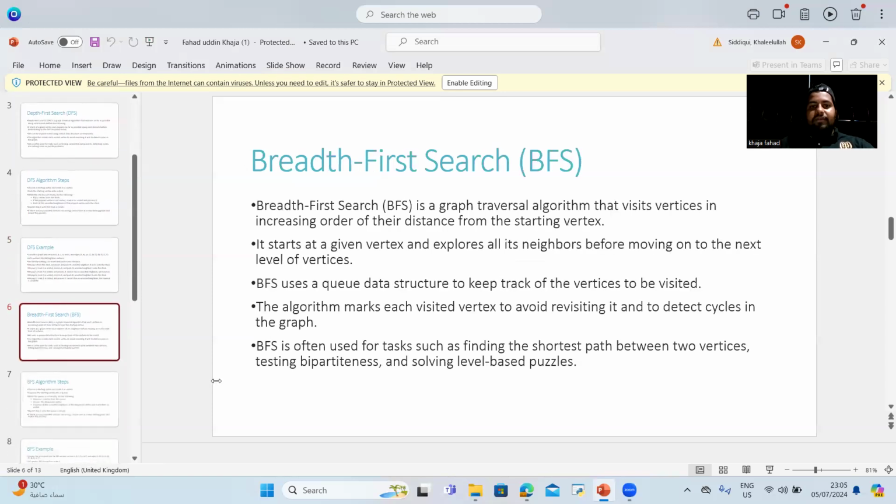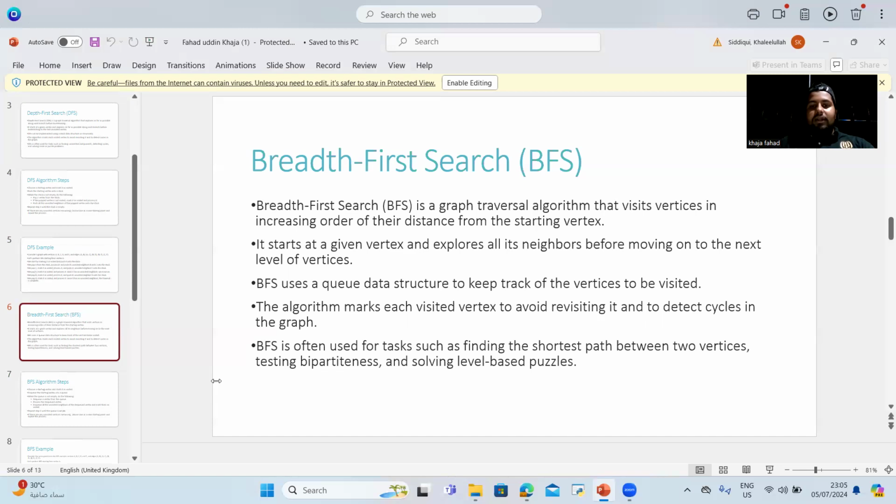Now coming to BFS. Breadth first search is a graph traversal algorithm that visits vertices in increasing order of their distance from the starting vertex. It starts at a given vertex and explores all its neighbors before moving on to the next level of vertices. BFS uses a queue data structure to keep track of the vertices to be visited.